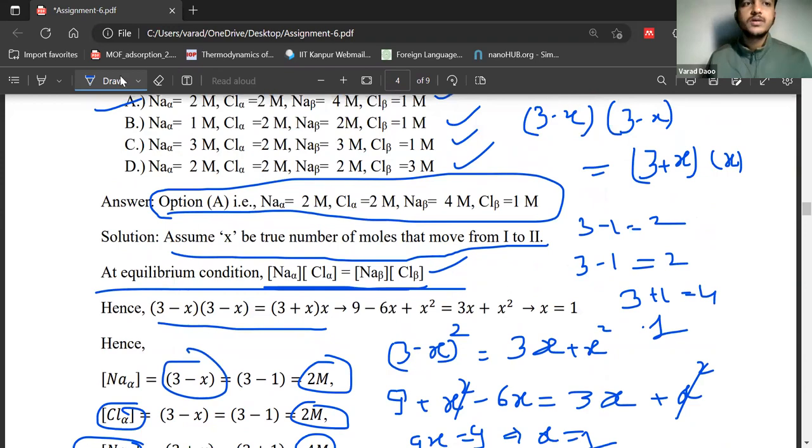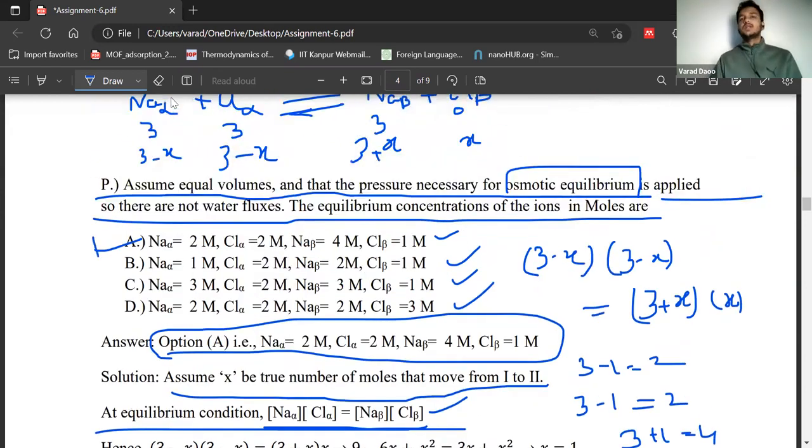Right? Anybody has any doubt? If anybody has any doubt, they can ask. Otherwise, those who don't have any doubt and want to write this down, they can write this down.